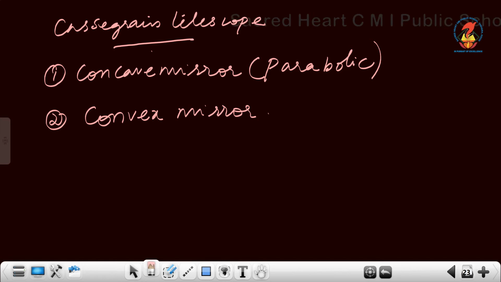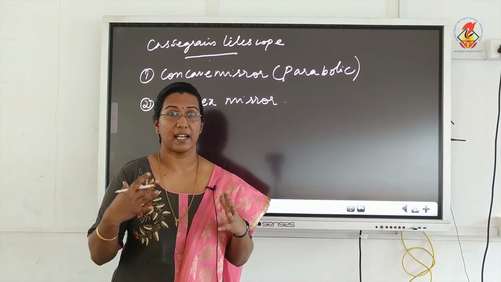Now what is the use of the parabolic mirror? It is because mirrors usually have a defect known as spherical aberration.